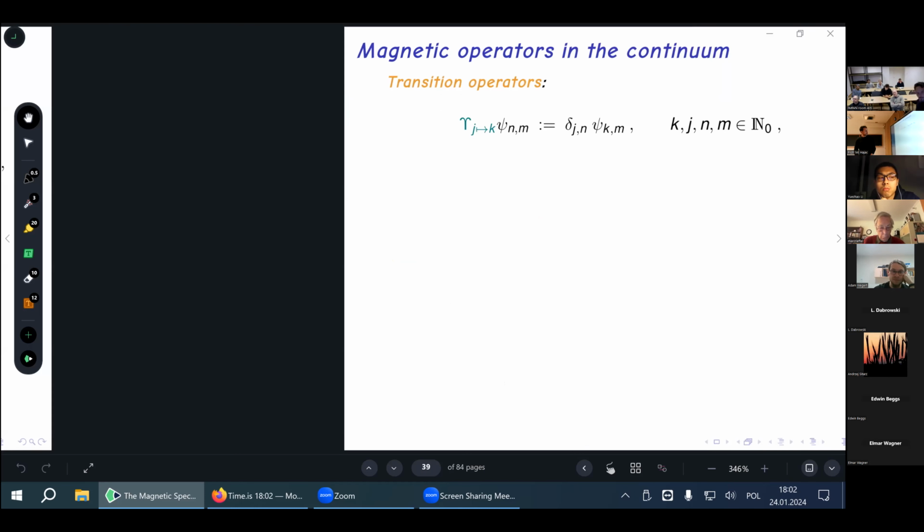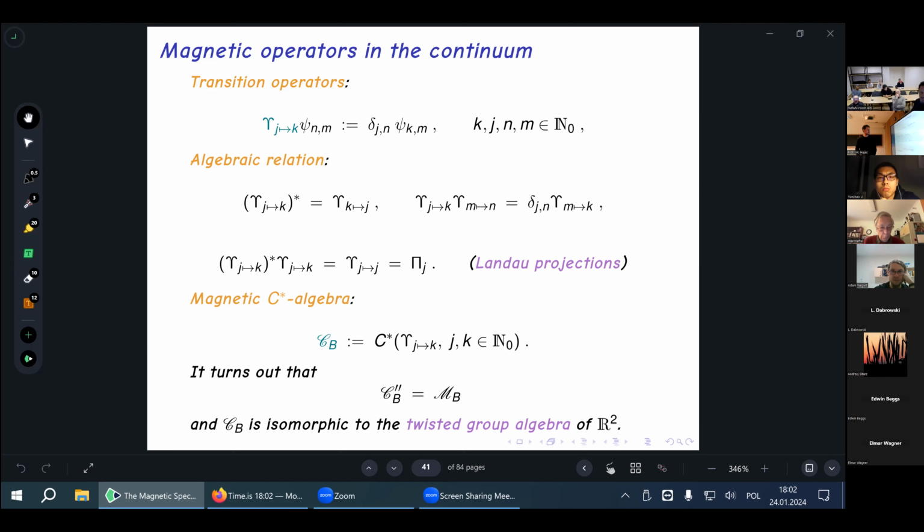Now I would like to describe this von Neumann algebra in a different, more helpful way. For that, let me define this operator that I call the transition operator. What this operator does is fix the eigenvalue associated to this second quantum number m. It does not change m. But if n is equal to j, then it changes n to k.